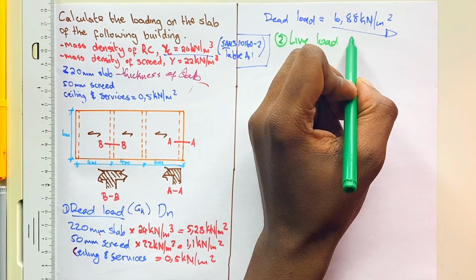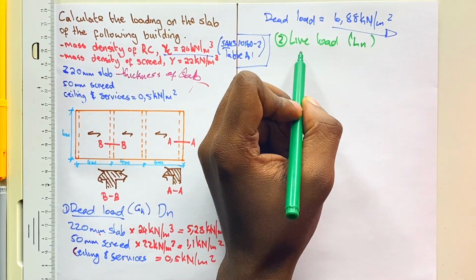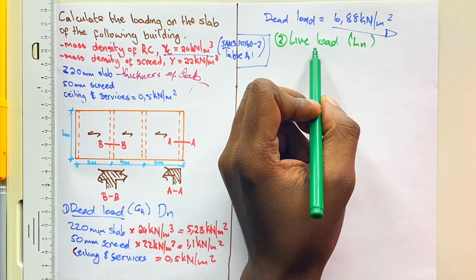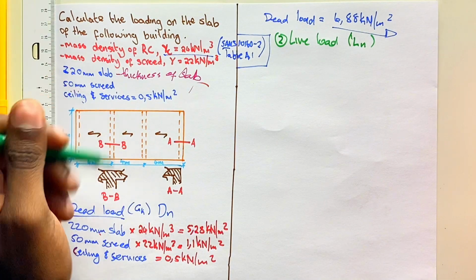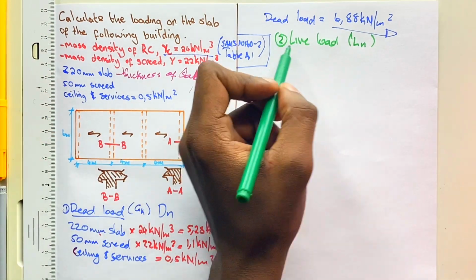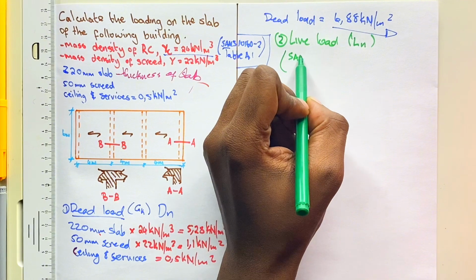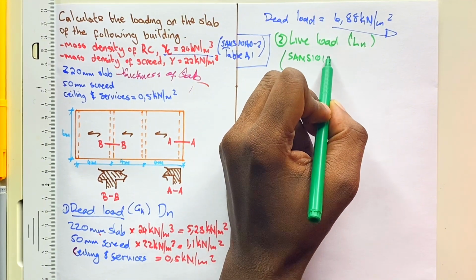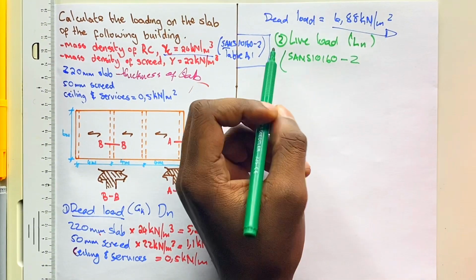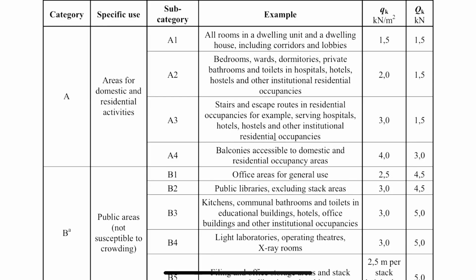The live load, I will denote it with Ln. So this one we are not given in the question, but if you go to the South African National Standards, SANS 10160-2 in table 1. Now table 1 will give you all the general live loads for different types of buildings.